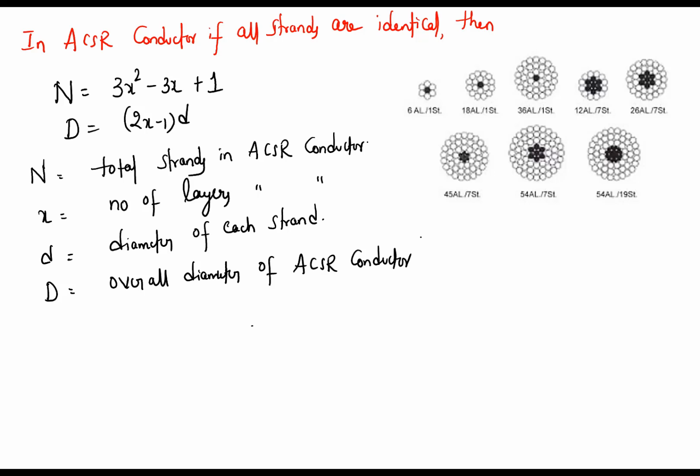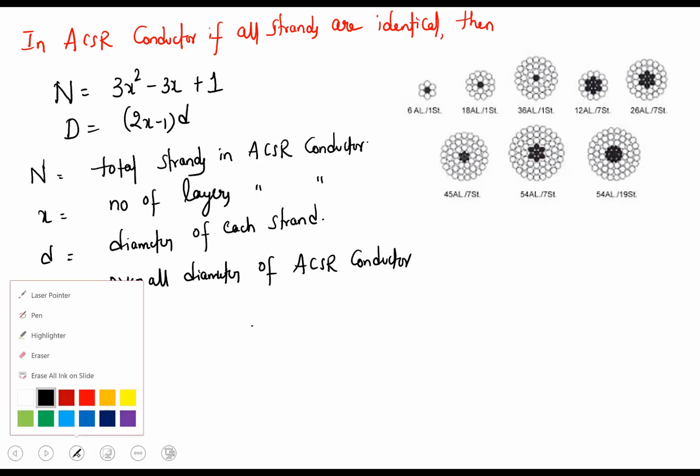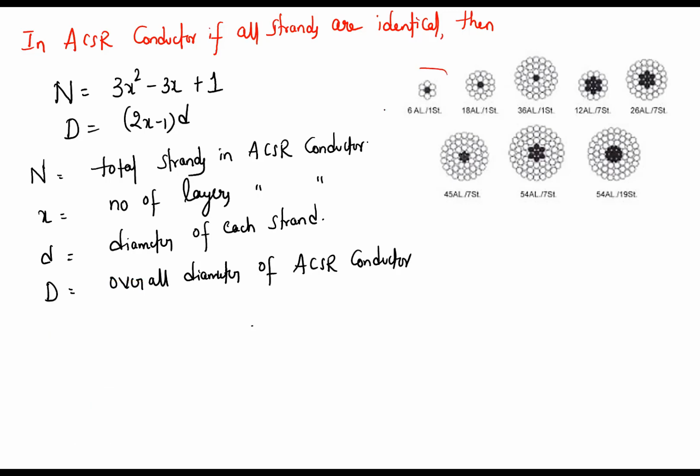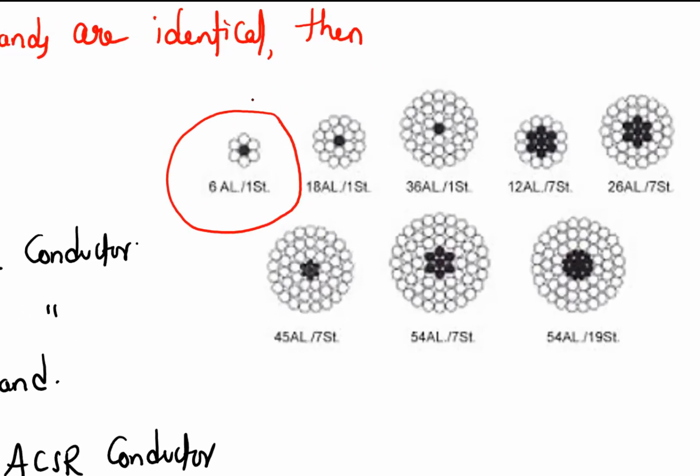Understand? So this capital N, that is equal to 3x squared minus 3x plus 1, will give you the total number of strands in the ACSR conductor, where x is the number of layers. So if you see the first figure, how many layers are there in the first image?